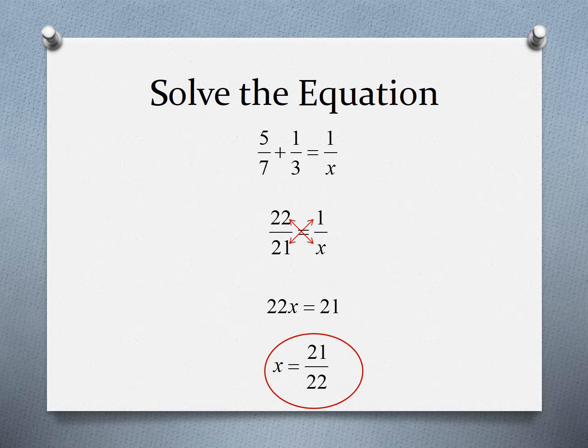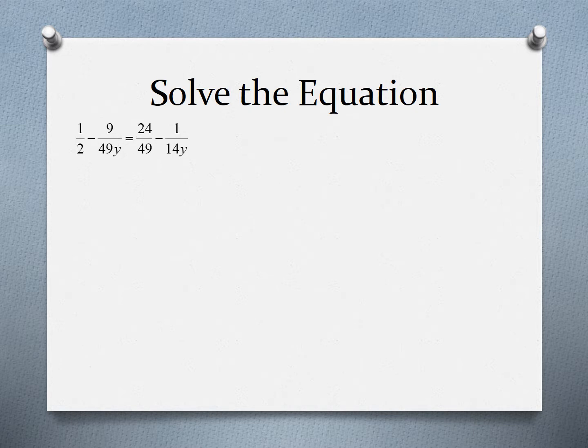That cannot reduce further. In this example, we're dealing with more polynomials, so it's showing up a bit more, and we're asked to solve this equation. And so we borrow the same principles for adding, subtracting, multiplying, and dividing with fractions. So the first move I'm going to make is to try to simplify some of these fractions that I have. Remember the rules for subtracting fractions with unlike denominators.